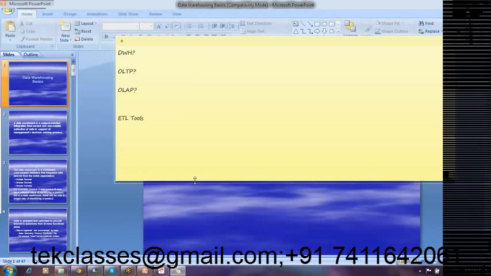We have so many ETL tools available in the market, so we are going to discuss the role of ETL tools. Similarly, the role of BI tools once you load the data. BI tools are nothing but your reporting tools.